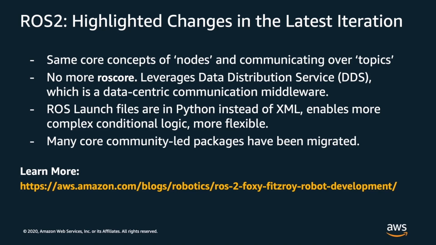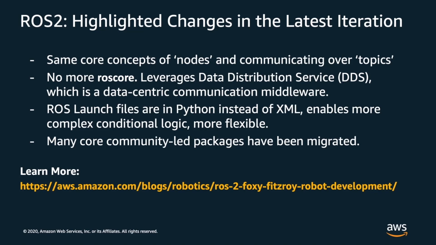Highlighted here are just a few of the core changes between ROS1 and ROS2. So one thing to note is ROS2 maintains the same core concepts of ROS1 with nodes, topics, and ROS bags. However, one of the key differences is the adoption of the Data Distribution Service, DDS, a data-centric communication middleware.